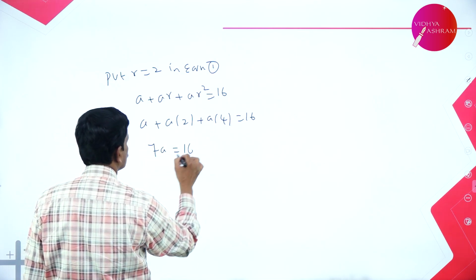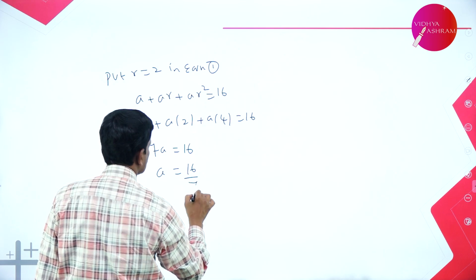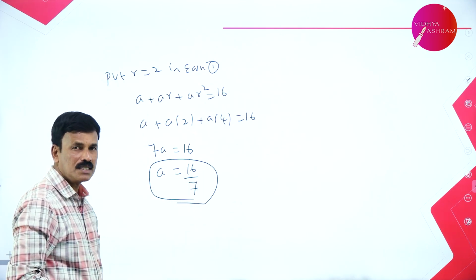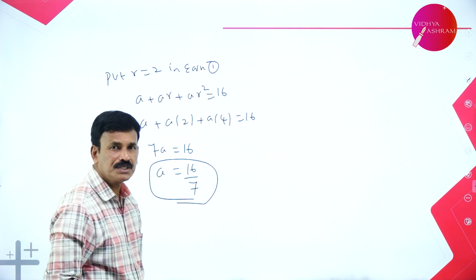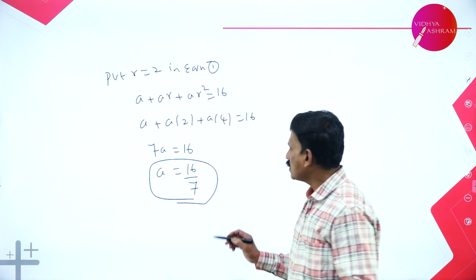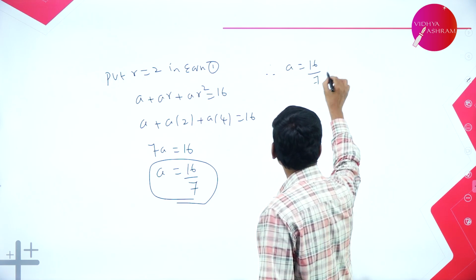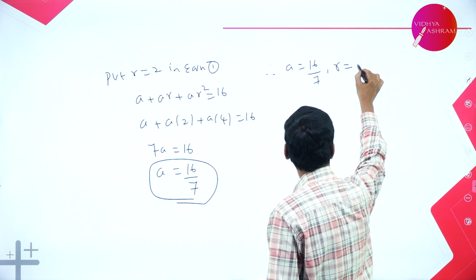A is equal to 16 by 7 is the first term. So the first term is 16 by 7 and the common ratio is 2.